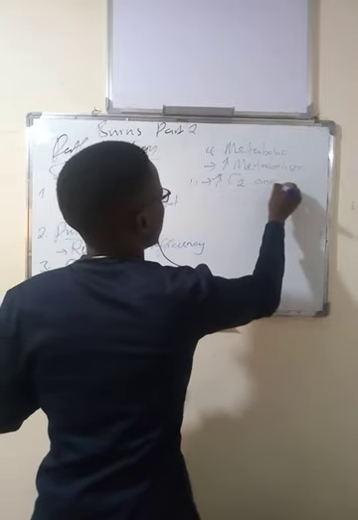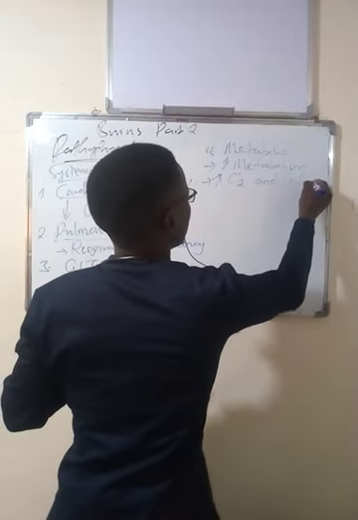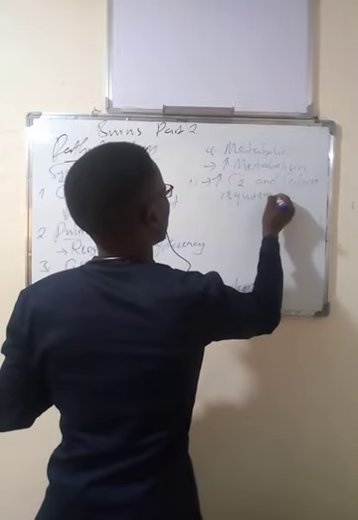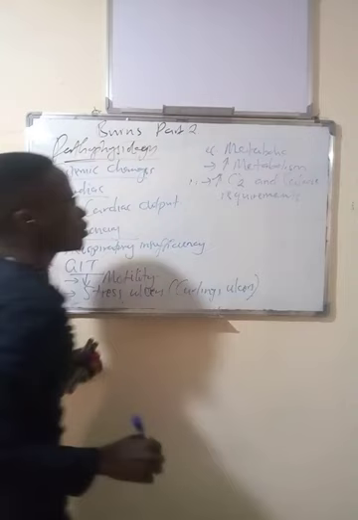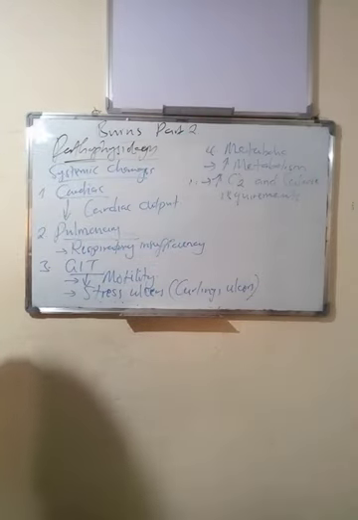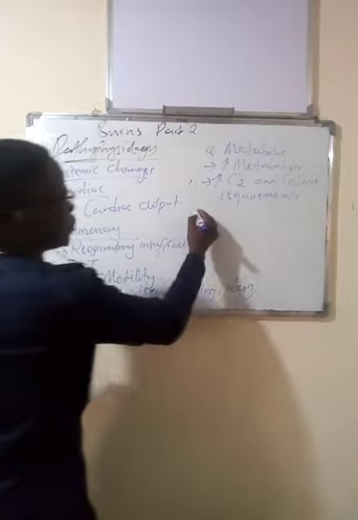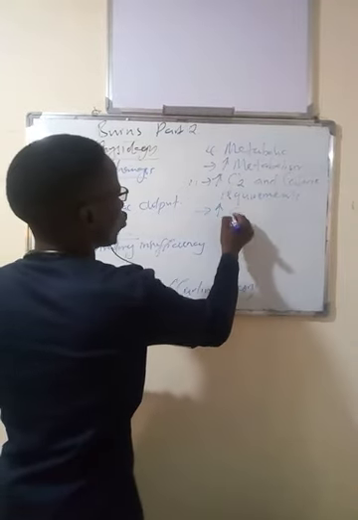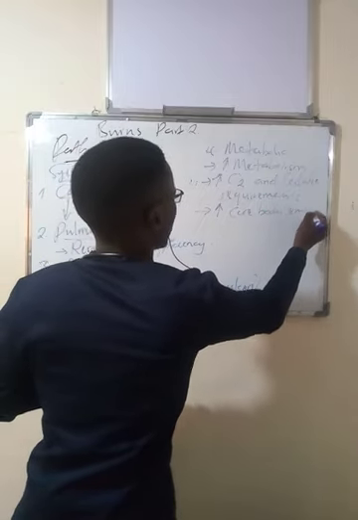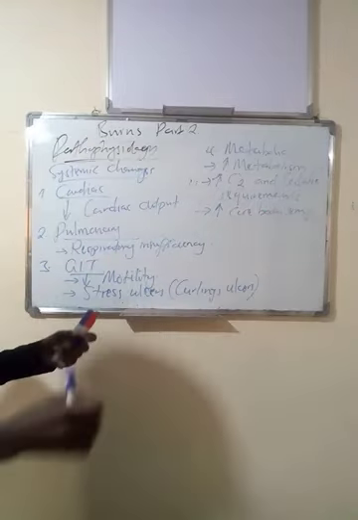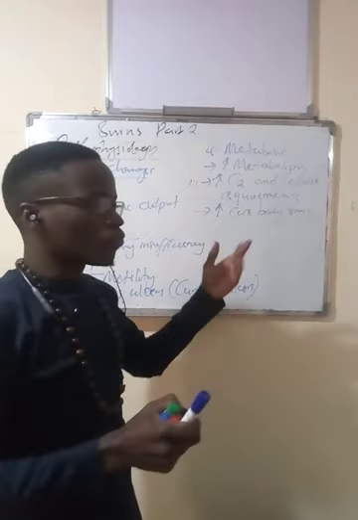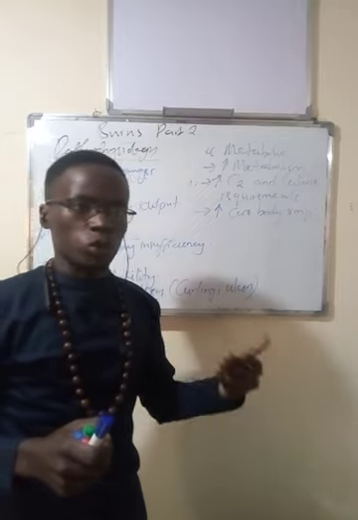So because there is this increased metabolism, it means that there is increased what? Oxygen and the calorie requirement, okay? And then there is also increased core body temperature. So remember, there's a lot of metabolism that is going on, and because of that, a lot of heat is being produced by the body. Hence, the core body temperature is what is going to increase.